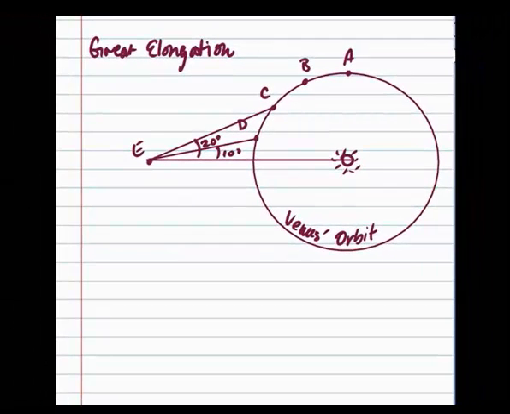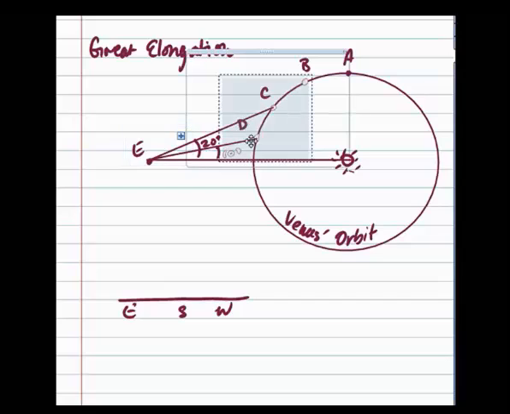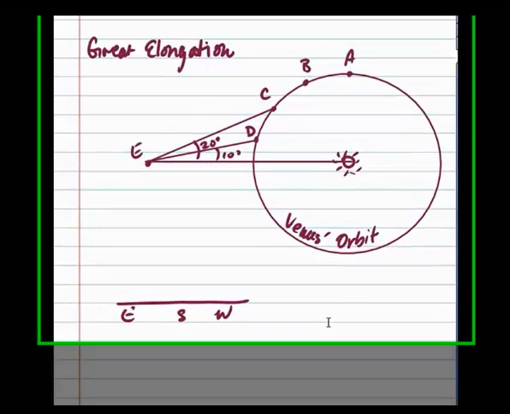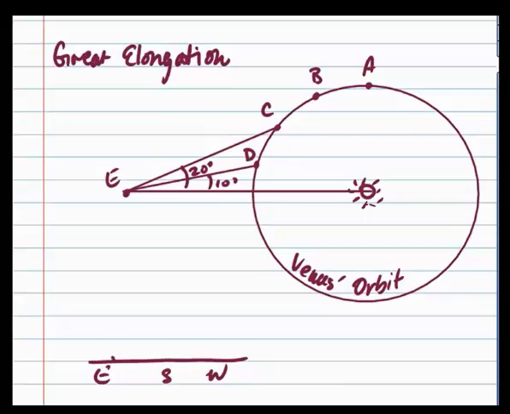I might ask, if I look out in the night sky here, east, south, west, and you can really see position D. Looks like D got moved on me here. Let me see if I can get D back in its proper place. If I looked at position D, perhaps the sun would be rising in the east, and you look at position D, Venus would be almost in what?